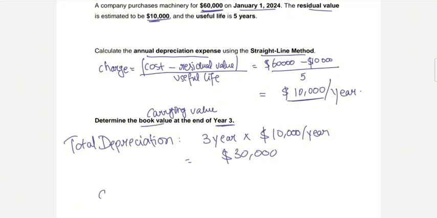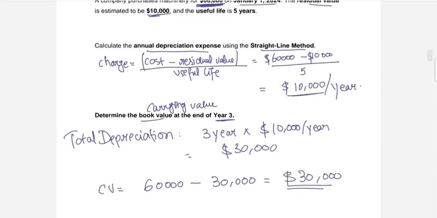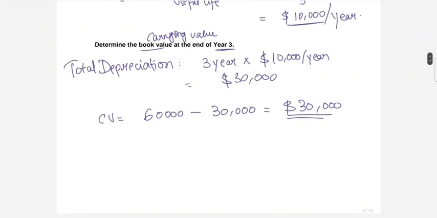So which means the carrying value will be the initial cost, which is going to be 60,000, all right, and minus the 30,000. This should give you the carrying value as 30,000. So at the end of year 3, in the statement of financial position, under non-current assets, this is the carrying value of the asset which you will be seeing.